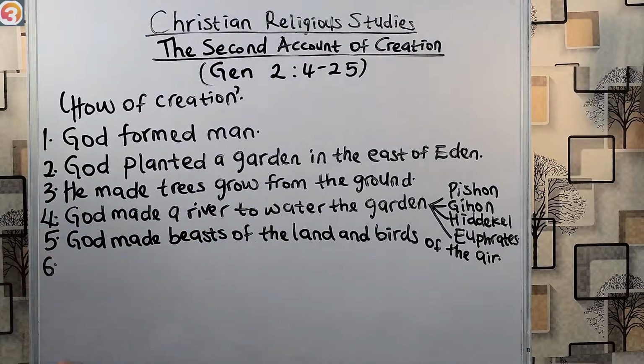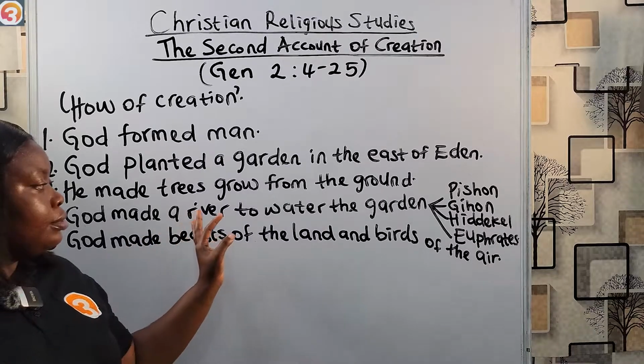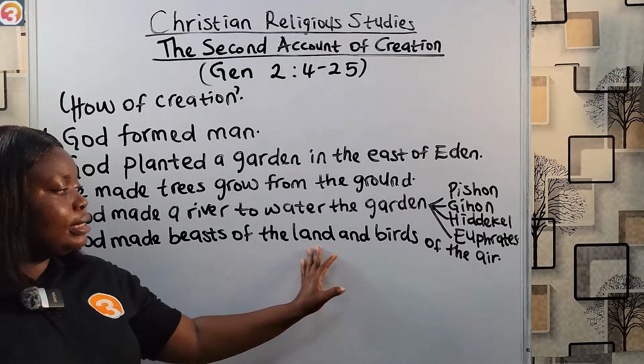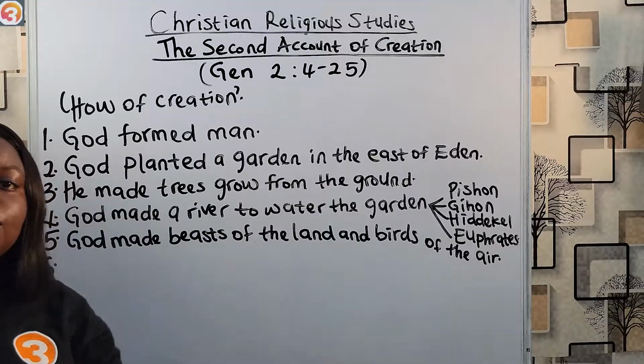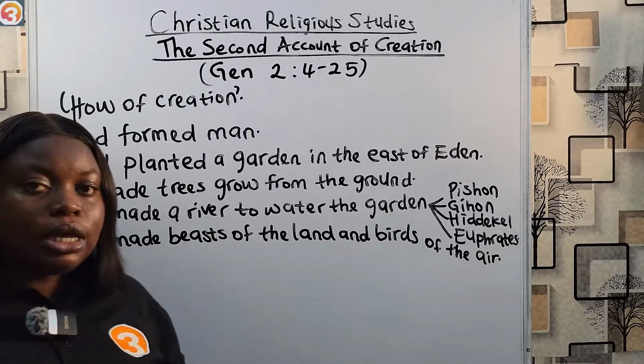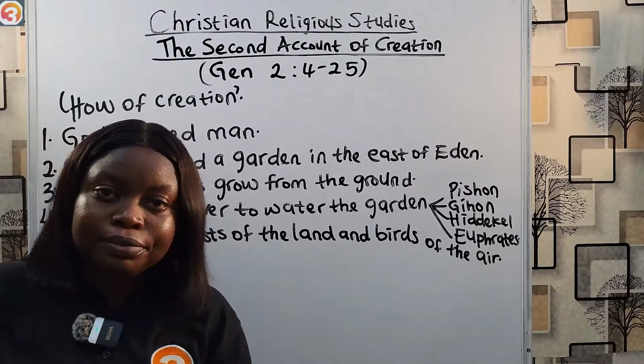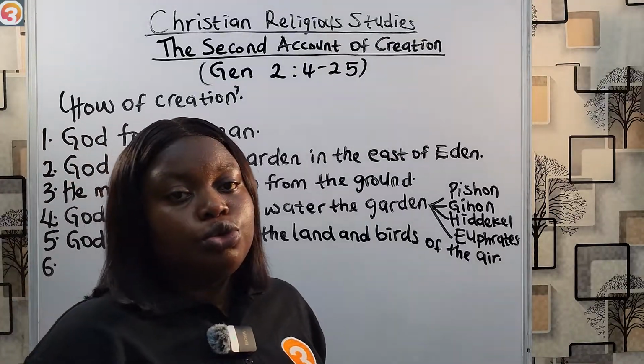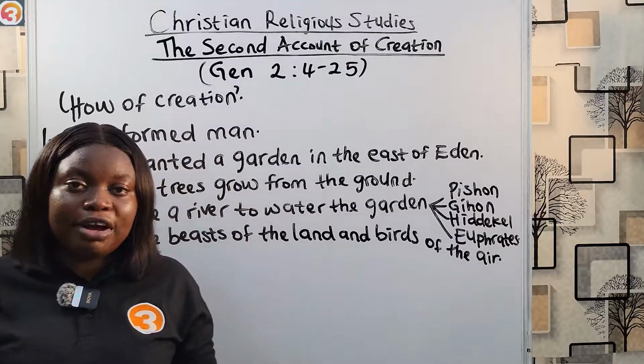After God had planted the garden and watered it and put man there with instructions, God then made beasts of the land and birds of the air and brought them to the man he had created, and asked him to name them. He named all of them, but still there was none that could serve as a helper for man.